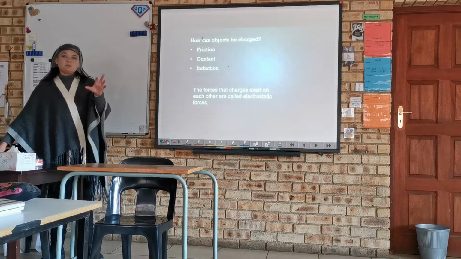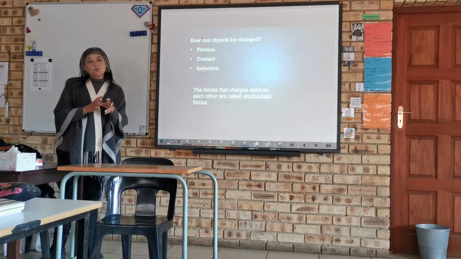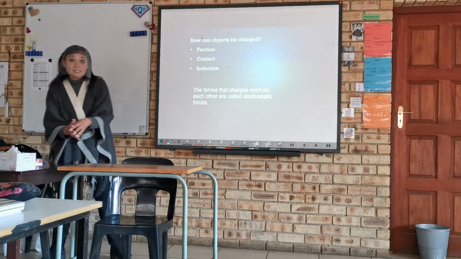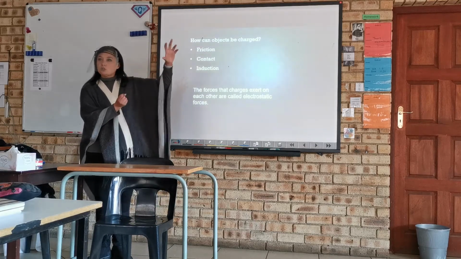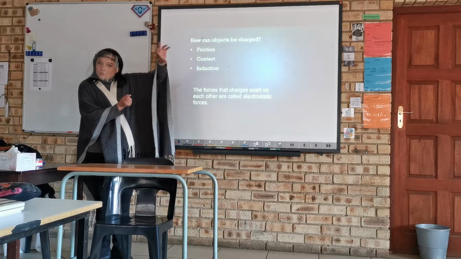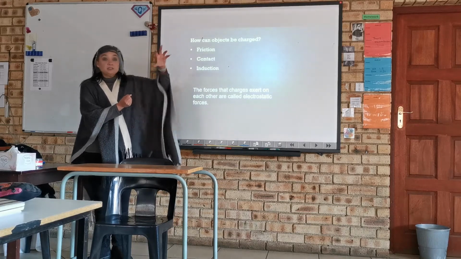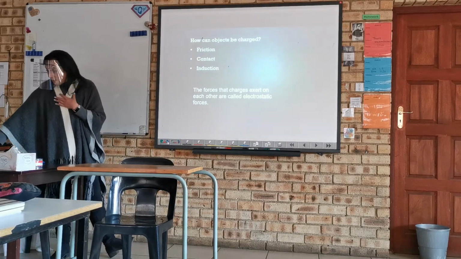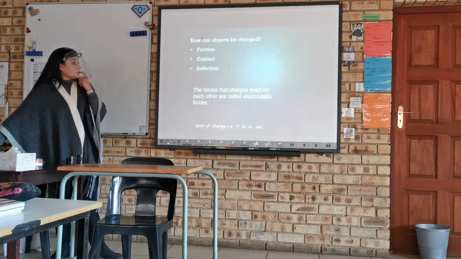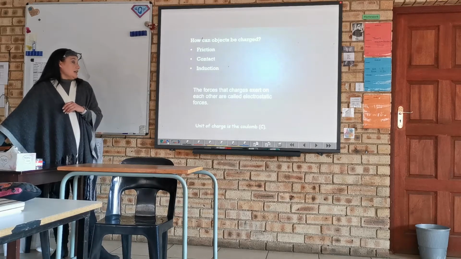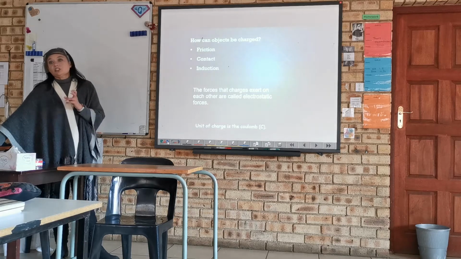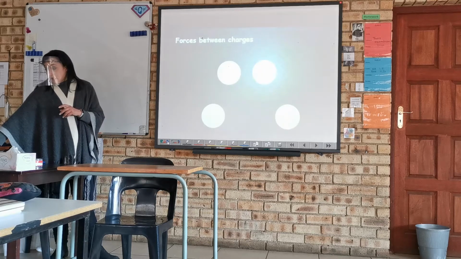And induction, where you bring a charged object near to a neutral object, and the charged object will cause the neutral object's atoms to interact so that you've got positively and negatively charged bits forming. The forces that charges exert on each other are called electrostatic forces. And charge is measured in the Coulomb.